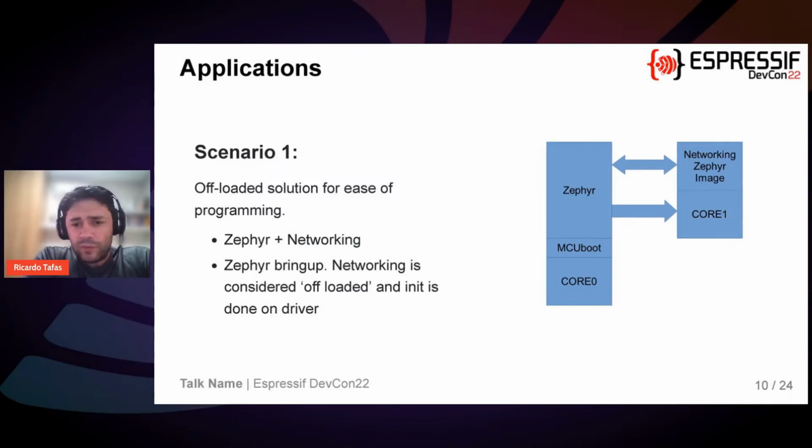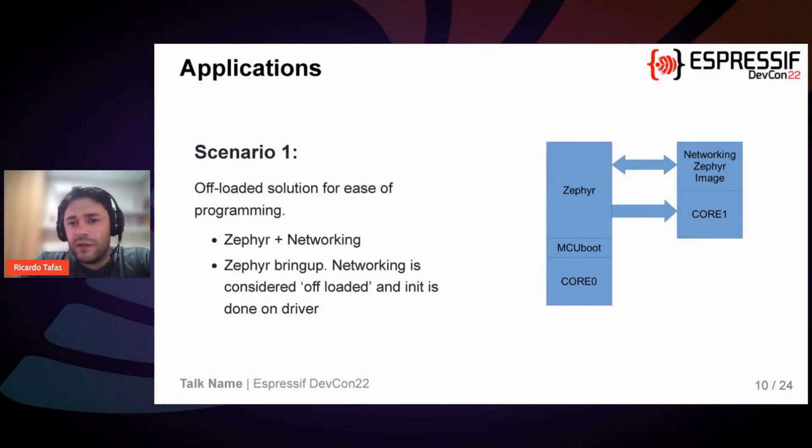So when the system boots, in this case, it should be noted that Zephyr is going to run the second image. So Zephyr starts, then the network driver, for example, starts up the second core.